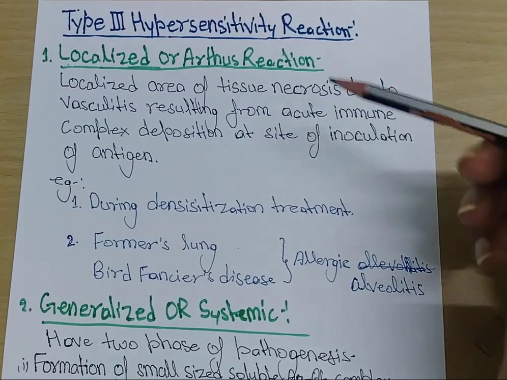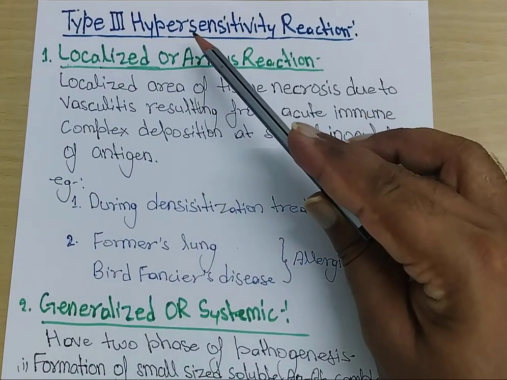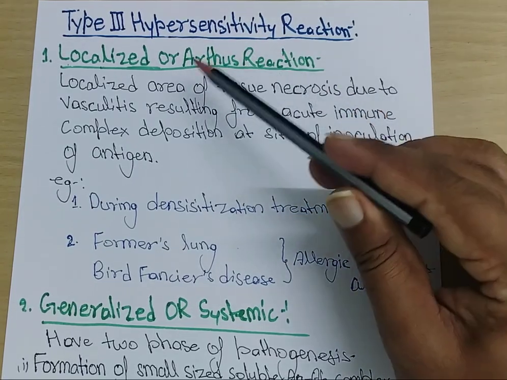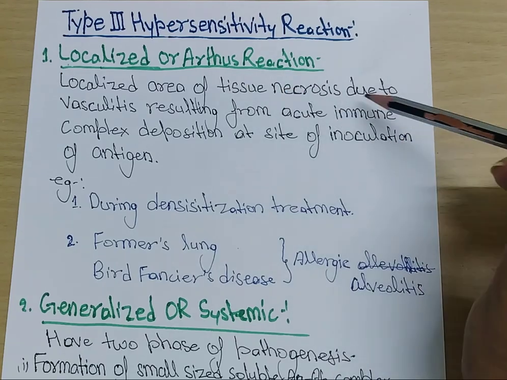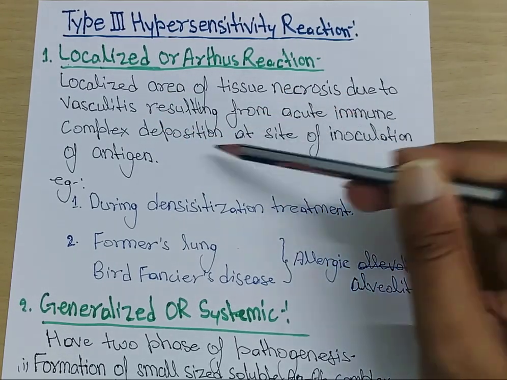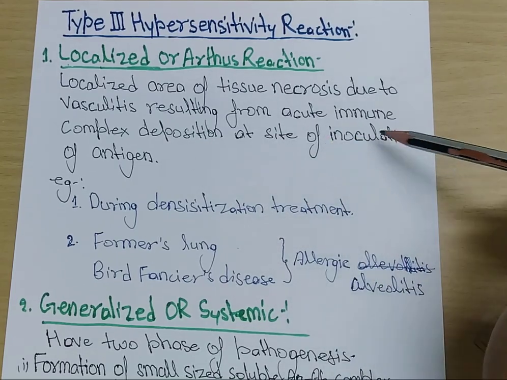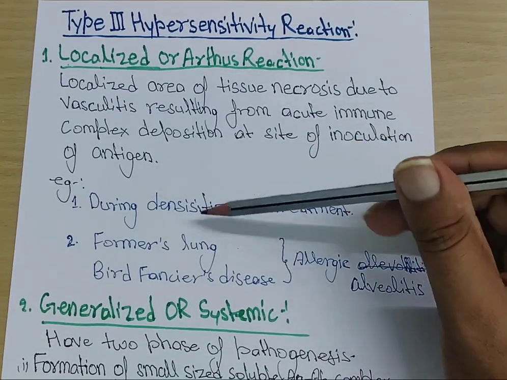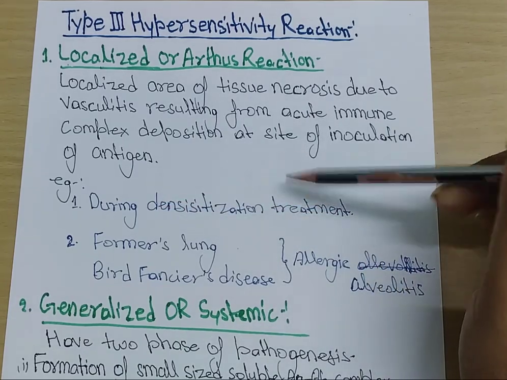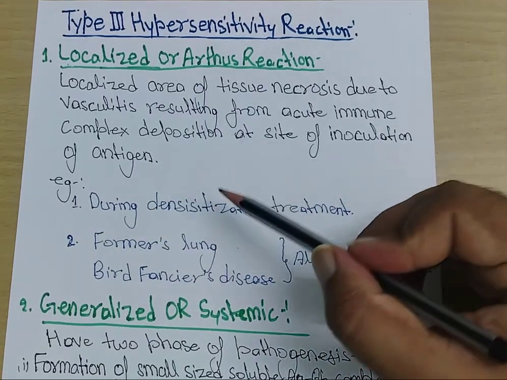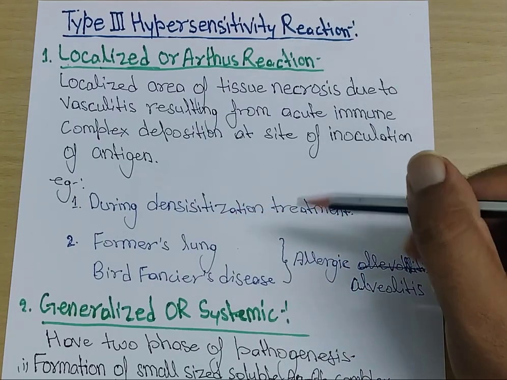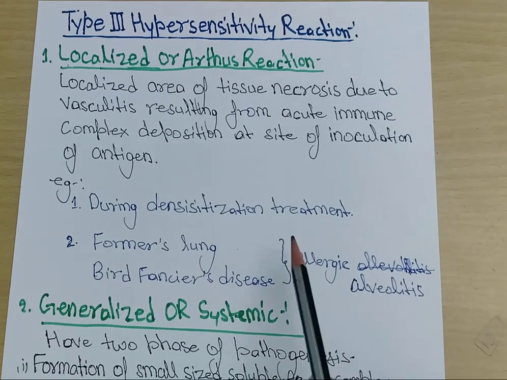Type 3 hypersensitivity reaction may be localized, or an Arthus reaction: a localized area of tissue necrosis due to vasculitis resulting from acute immune complex deposition at the site of inoculation of antigen, as seen during desensitization treatment. In desensitization treatment, we give antigen.